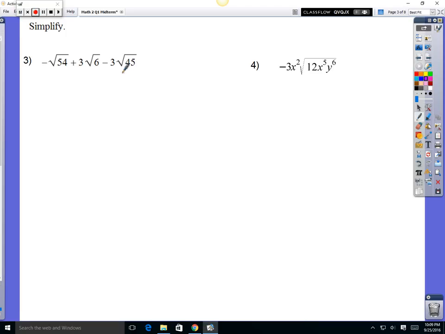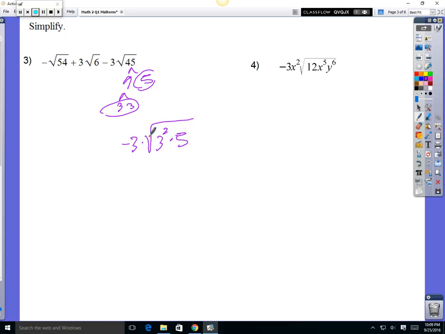So the trick is, 45 is a big number. There's a square in it. Let's take it out. 45 is the same as 9 times 5. 5 is done. 9 is the square. 9 is 3 squared. So here's what you got: negative 3 times the square root of 3 squared times 5.